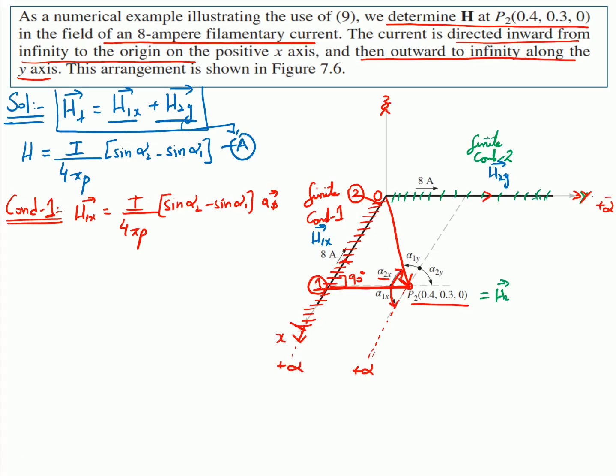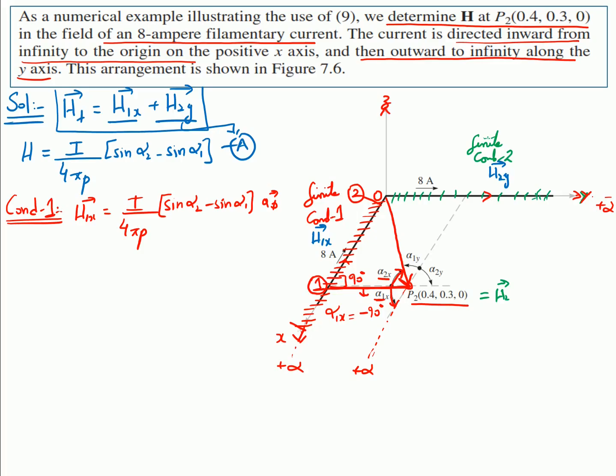Now I can immediately see that for the reference line, alpha 1x has a value of 90, but it is going to be positive 90 over here. But since the point is below, I am going to say this is negative, because alpha is below this reference line, so the angle will be negative 90.